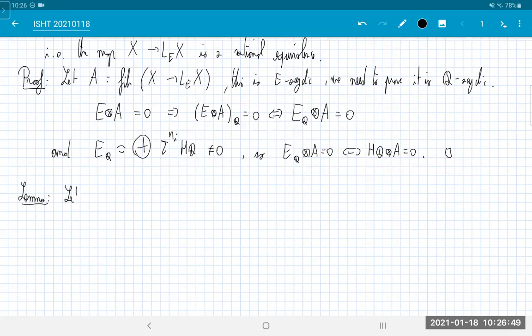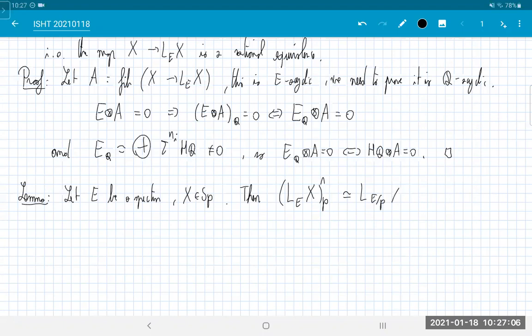Anyway, let E be a spectrum, any spectrum, and X another spectrum. Then you take the E localization of X and p-complete, and that's the same thing as the E mod p localization of X. That gives us a description of the p-completion in terms of another Bousfield localization.